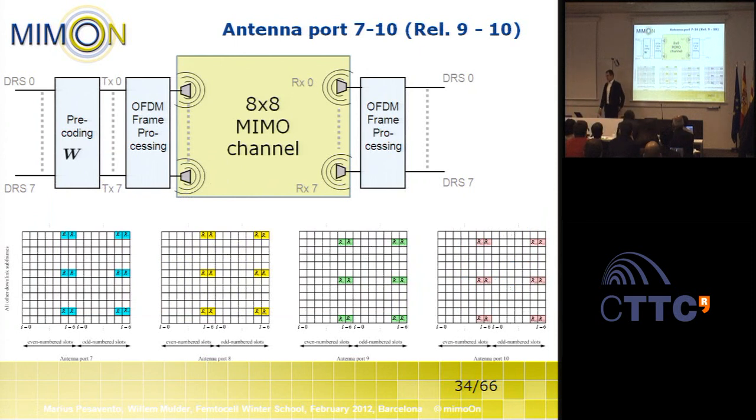In release 9 and 10, this user-specific reference signaling scheme has been further enhanced and evolved. In release 9, up to 2 streams were supported by the reference structure. In release 10, we have up to 8 streams that can be simultaneously transmitted.